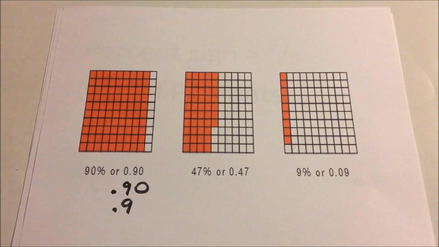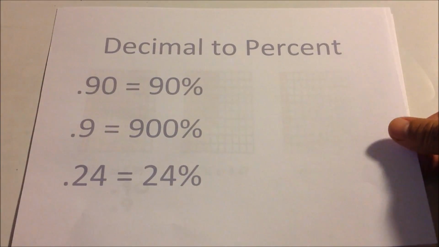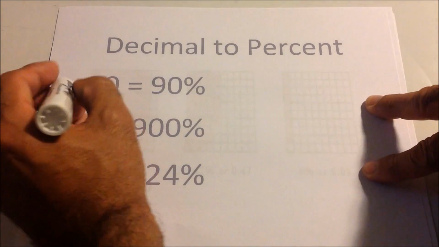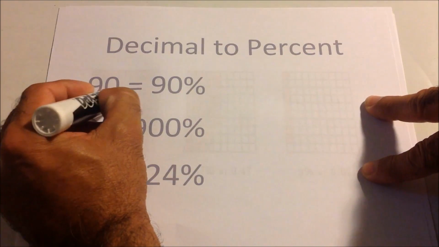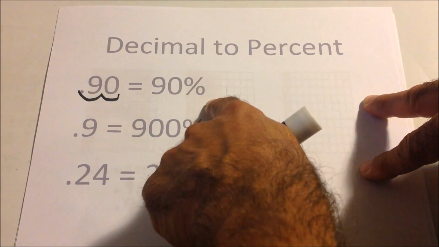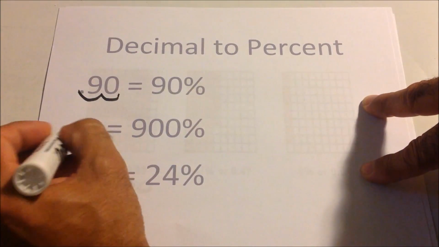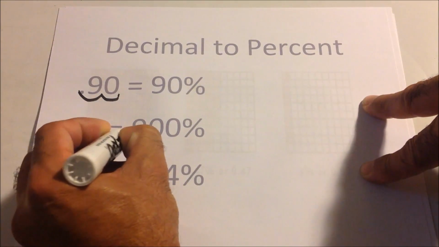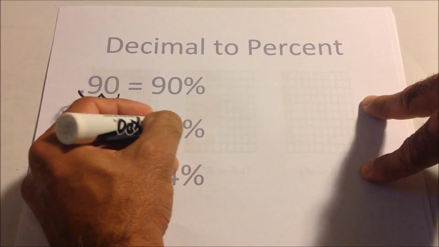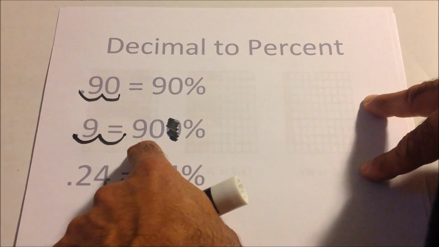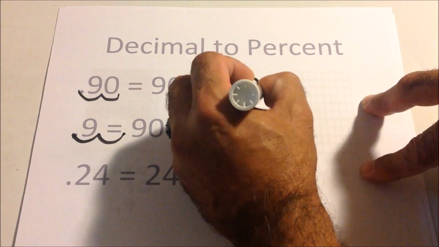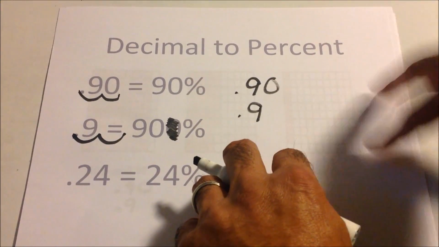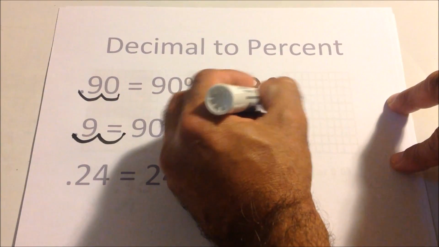So if you can see how to model, and if we have a decimal, we can make a percent easily. All you do is move the decimal twice to the right, and you get a percent. 0.9, move it twice: 1, 2. 90%, not 900%. So you can see that 0.90 and 0.9 are the same thing. Move this twice, 90%.